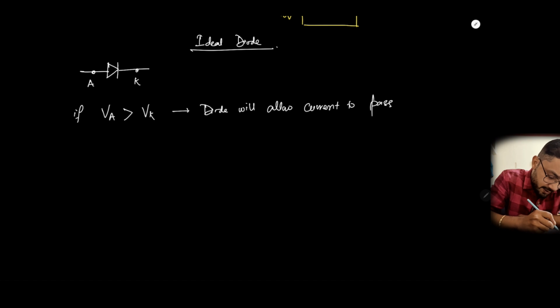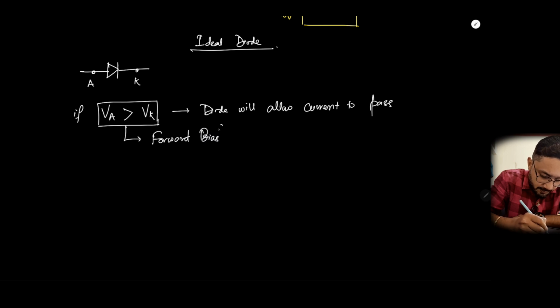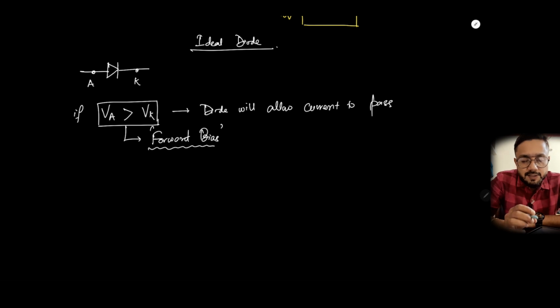And this condition, if the anode voltage is greater than the cathode voltage, is called forward bias. Only if this condition is satisfied will the diode allow the current to pass.